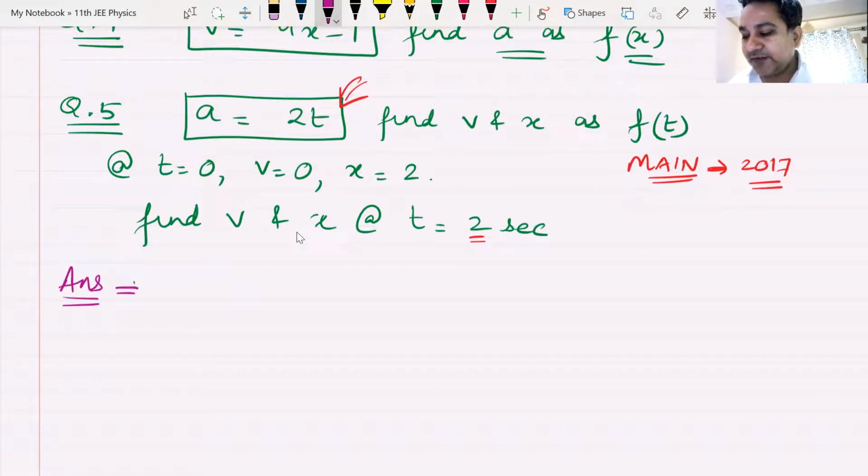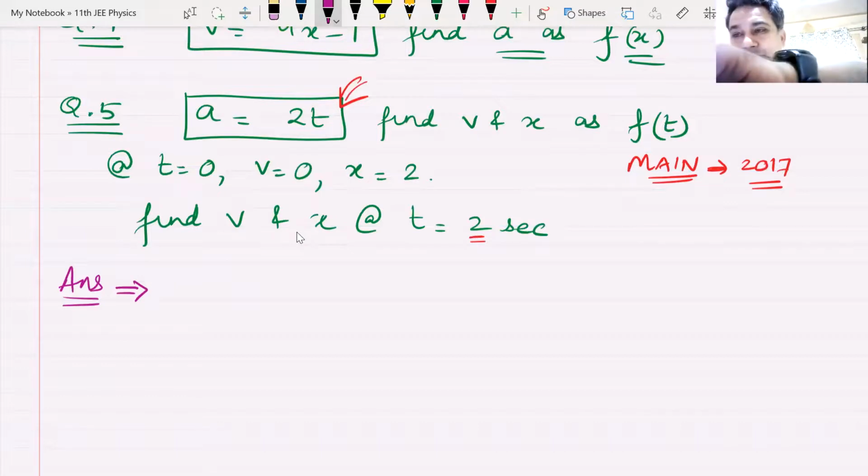Are you confident of solving this? Let's see who gets me the answer.